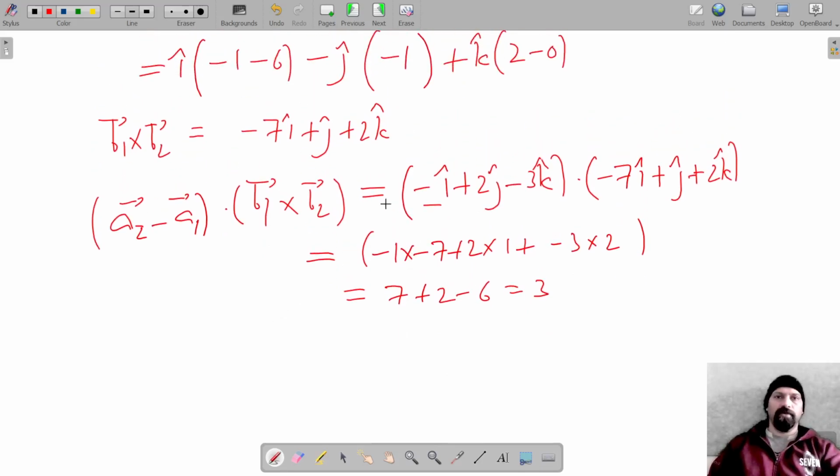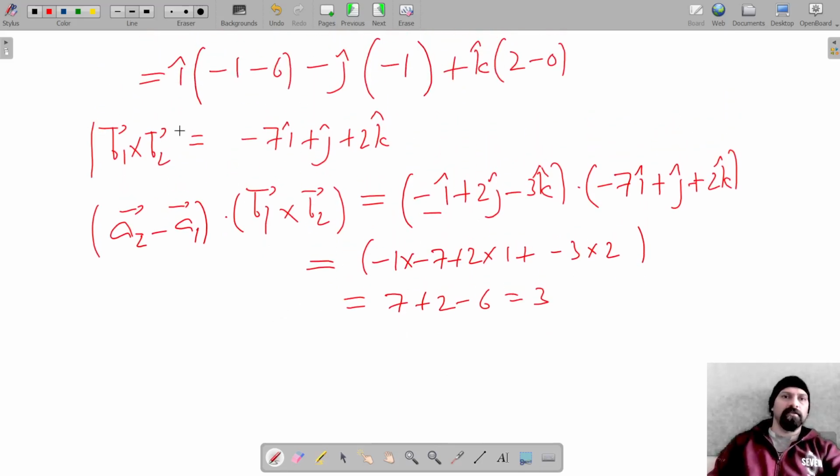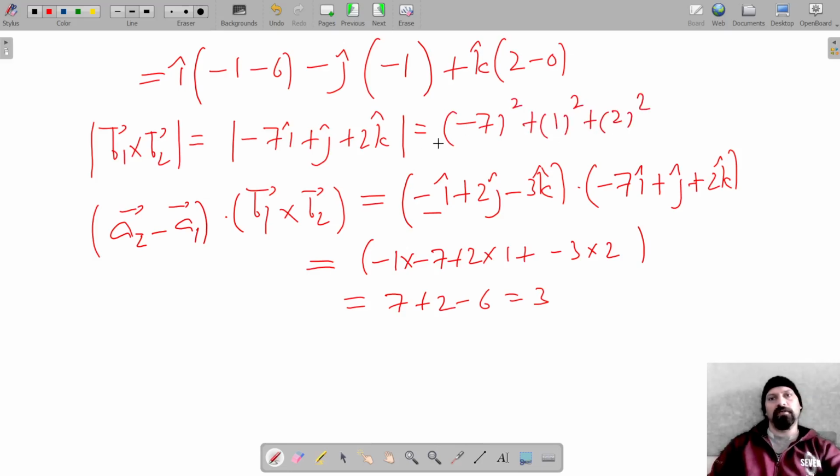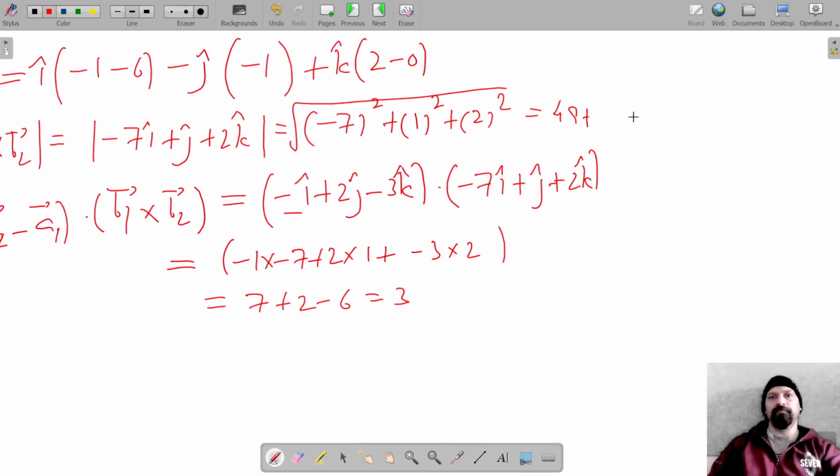Okay, now let's also find out the magnitude of this, which is equal to the square root of negative 7 square plus 1 square plus 2 square. So this is 49 plus 1 plus 4. So 49 plus 4 is 53, plus 1 is 54.